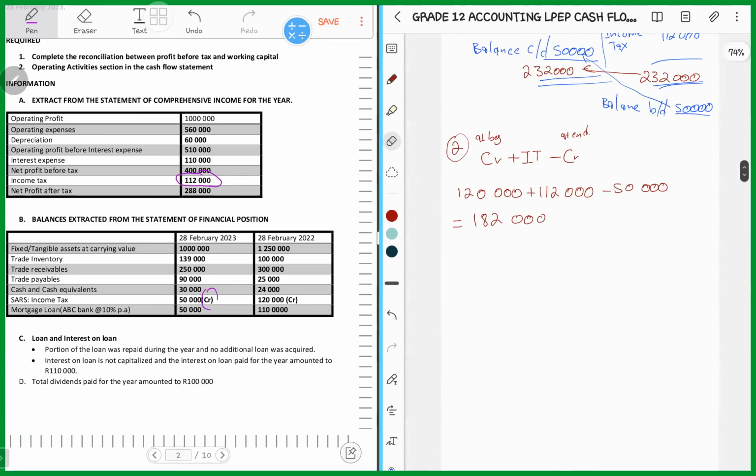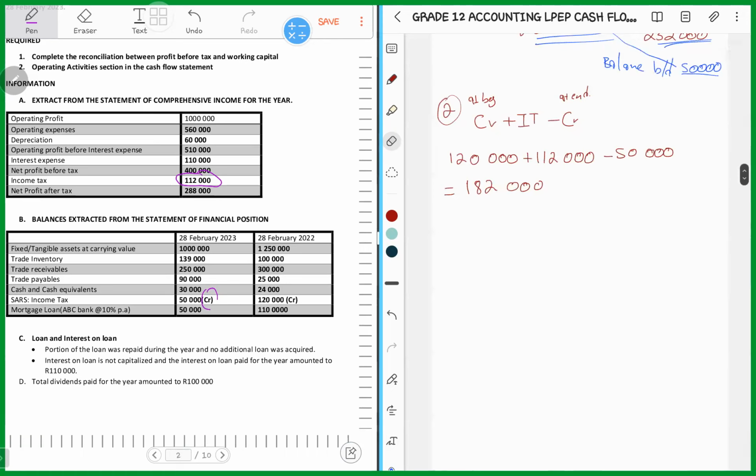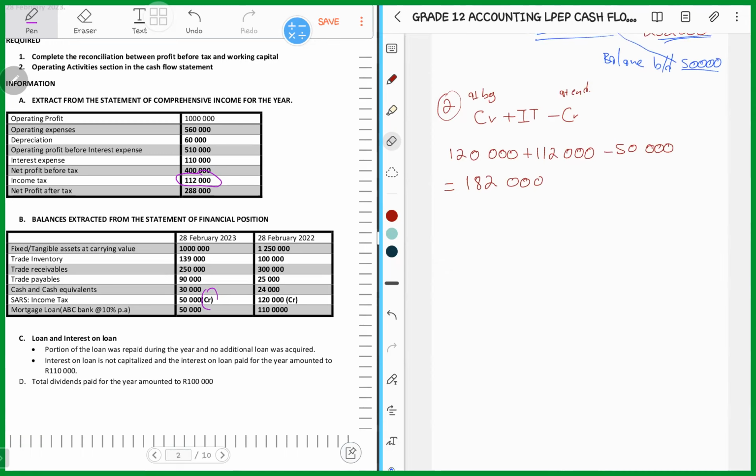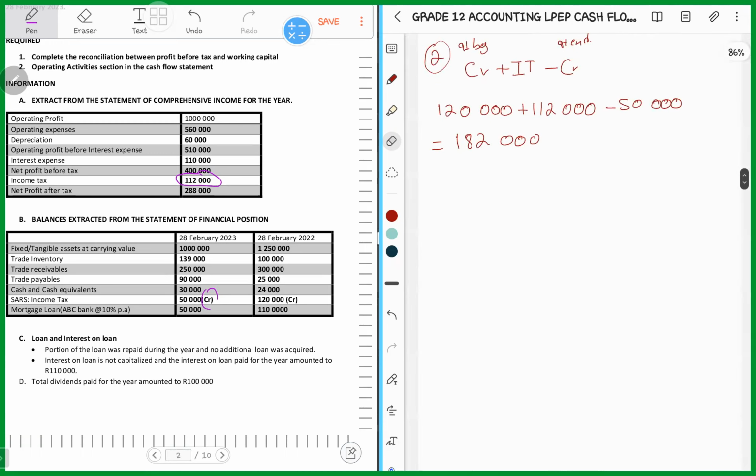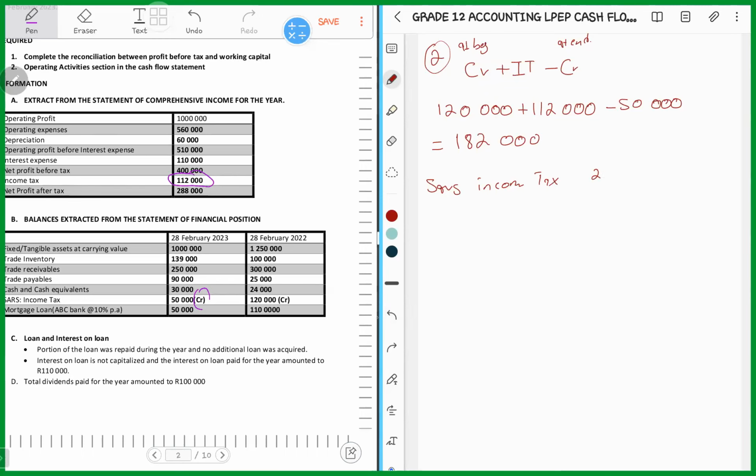Okay, so the debit balance means the debit. Let's just do it this way. Let's say it's SARS income tax, 2023, 2022.